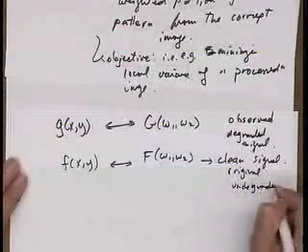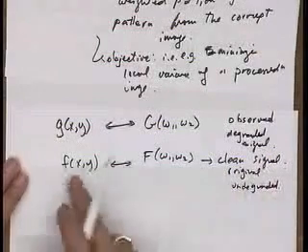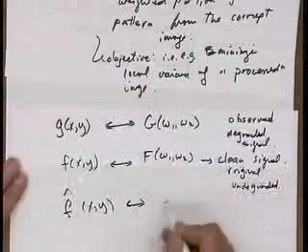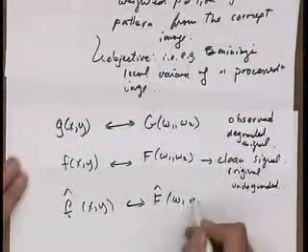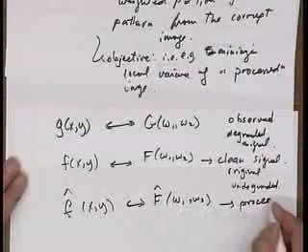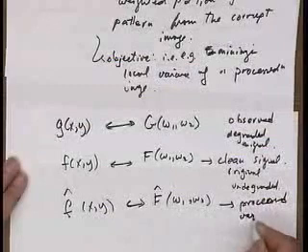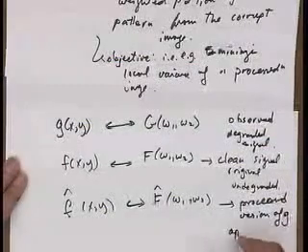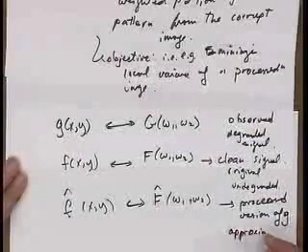Many times you just don't have access to that. It's kind of a fantasy. And then f hat of x comma y, which has F hat of omega 1 and omega 2 as its Fourier transform, is the processed version of g that tries to approximate f.